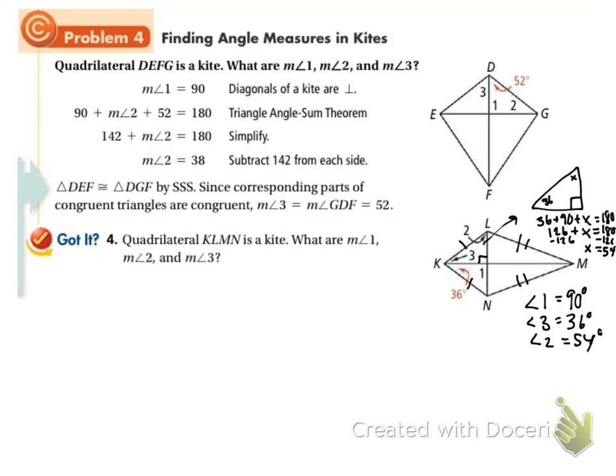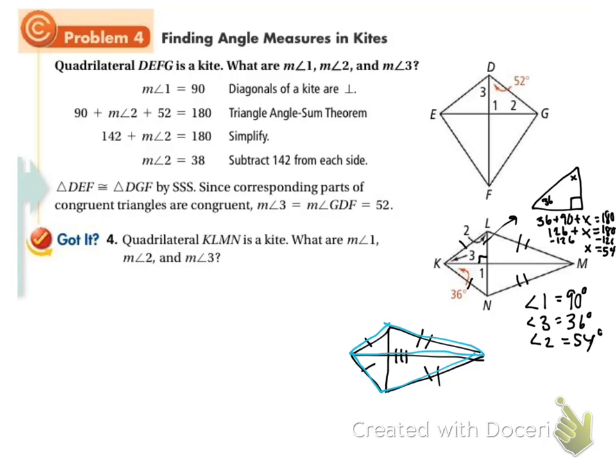So we used the theorem, but we also had to prove using side, side, side that those triangles are congruent, right? And that's going to be true about every kite. We can almost come up with our own theorem here. In every kite, these are congruent, and by reflexive, this guy in the middle is congruent. So these 2 triangles are always going to be congruent.